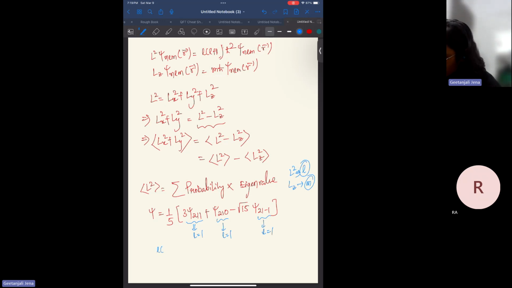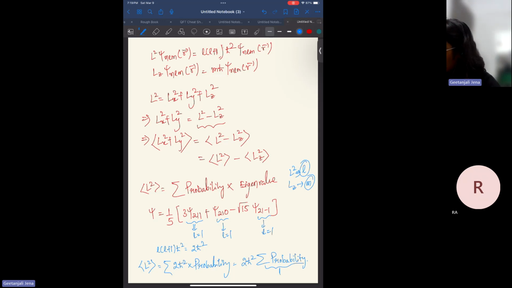So that means L into L plus 1 h cut square, you will get 2 h cut square. Right? So that means L square expectation value will be 2 h cut square multiplied by probability. So 2 h cut square is everywhere. That way it will be 2 h cut square multiplied by summation of probability.